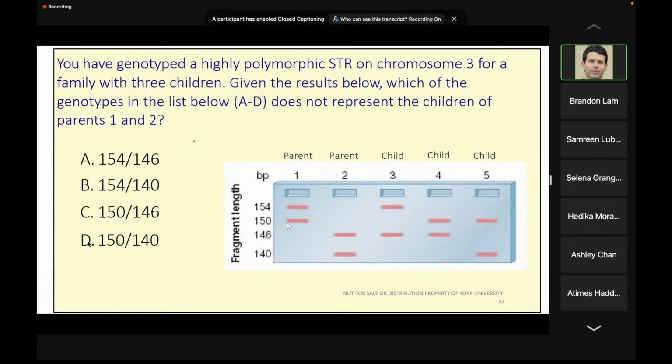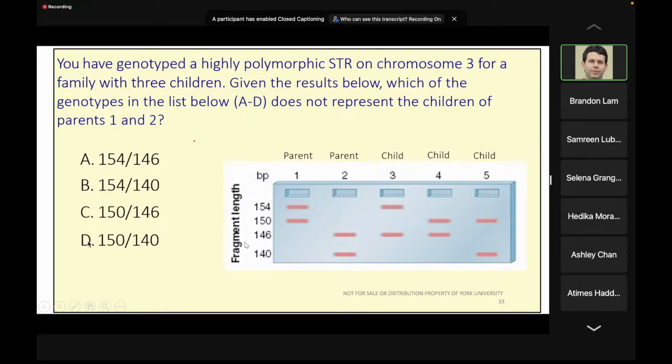150, 146. That's one of the children right there. 150 came from this allele from this parent, 146 from this parent. What about D? 150 and 140. That's a child too. The answer is B. Why is the answer B? 154 and 140.